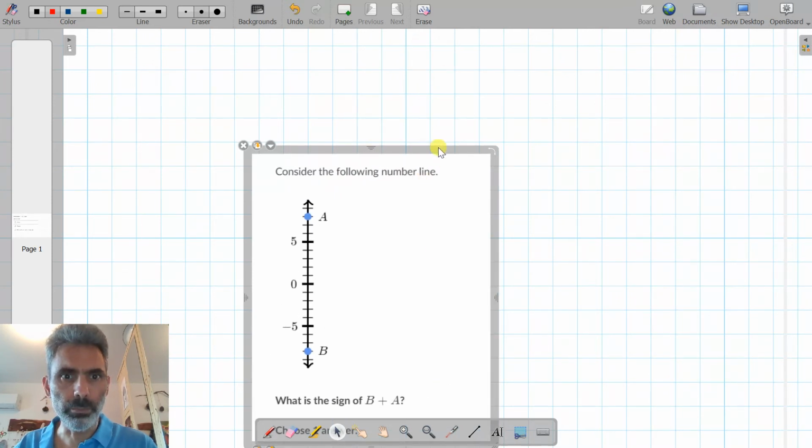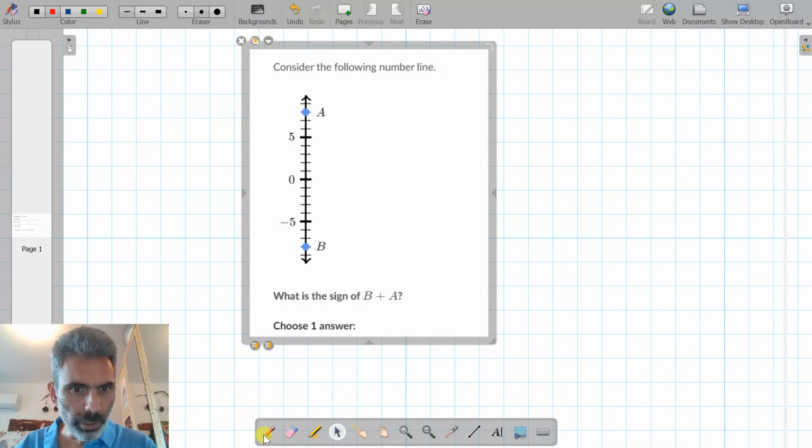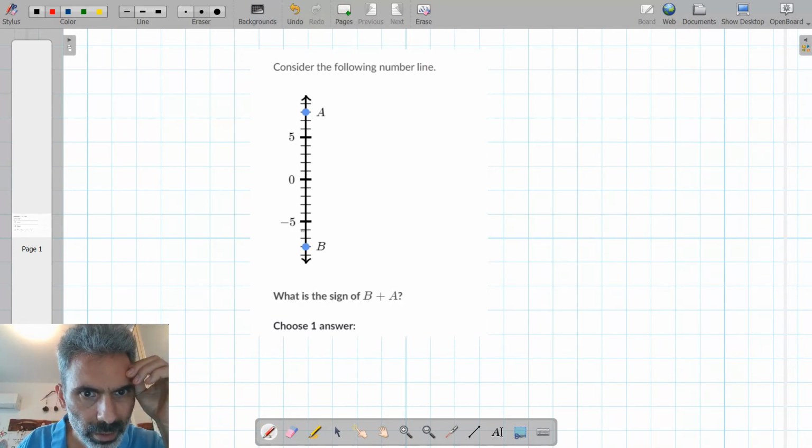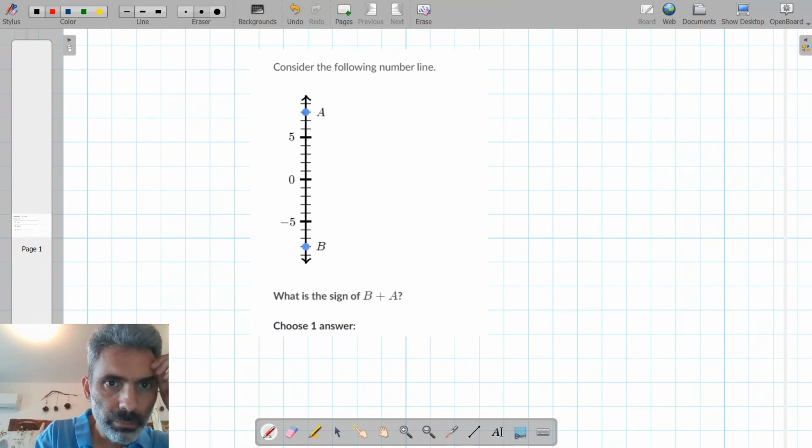Consider the following number line. So here a and b are at the same distance from the 0. A is positive 8 and b is negative 8. This is -5, -6, -7, -8, and this is 5, 6, 7, 8.